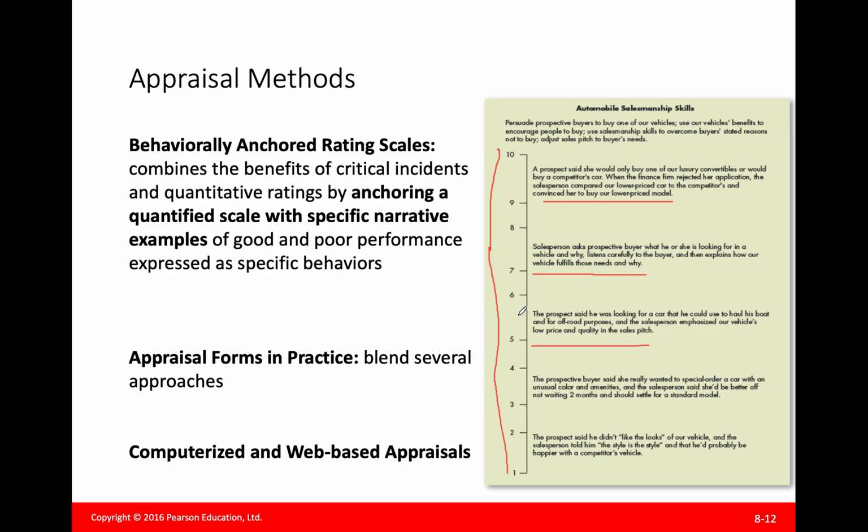So for example, this is the example of automobile salesmanship skills. In this example, they have 1, 2, 3, 4, 5 behaviors that they already put in a scale from 1 to 10. So look at this. Number one, the prospect said that he didn't like the looks of our vehicle, and the salesperson told him the style is a style and that he'd probably be happier with a competitor's vehicle.